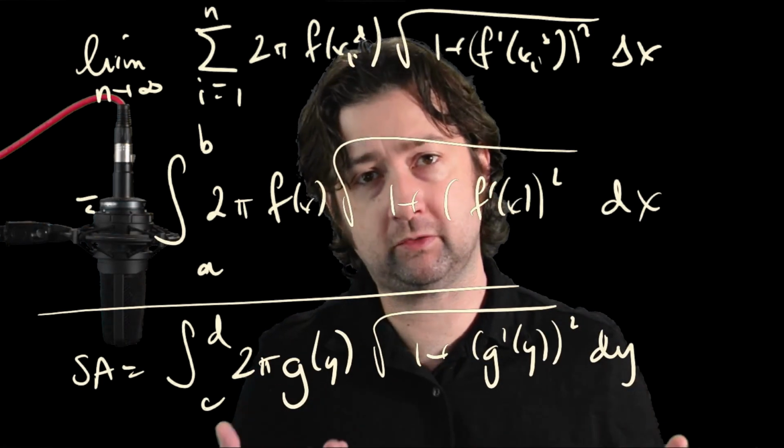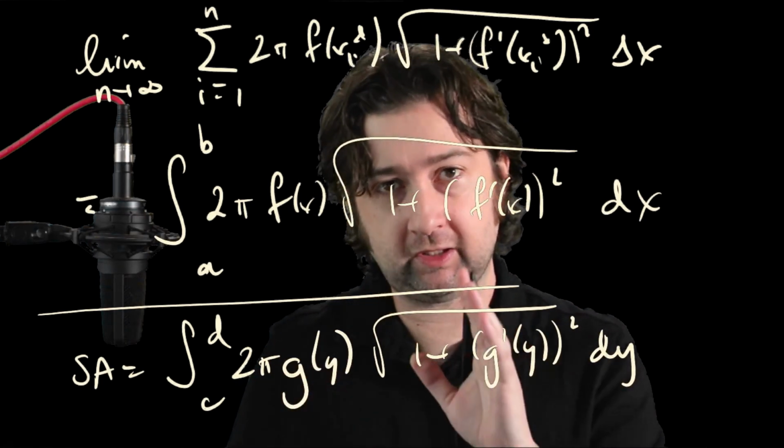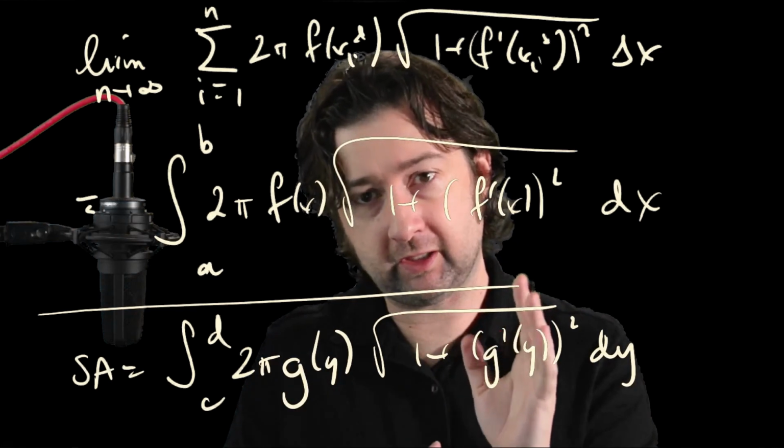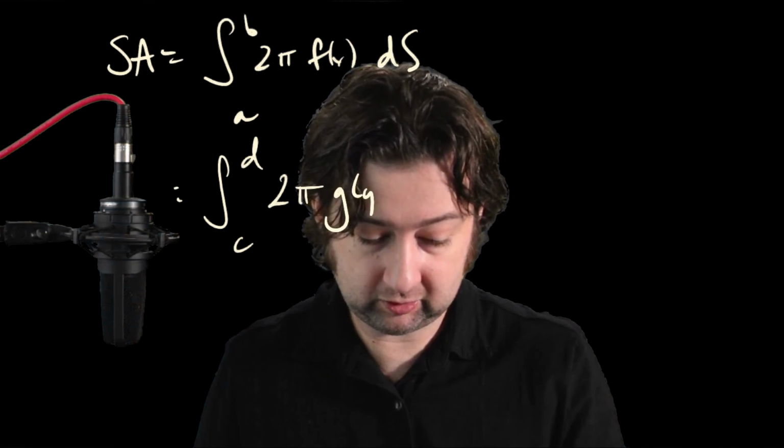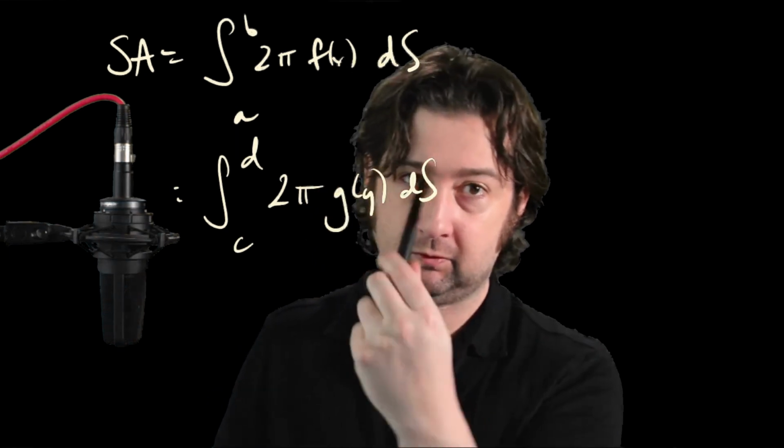The square root pieces don't change. From the last section, we knew that these things were unit arc length. And so to make these formulas smaller, what you could do is write that surface area is equal to the integral from a to b of 2 pi f of x ds in the case where you're rotating around the x-axis, and that it's equal to the integral from c to d of 2 pi g of y ds when you're rotating around the y-axis.